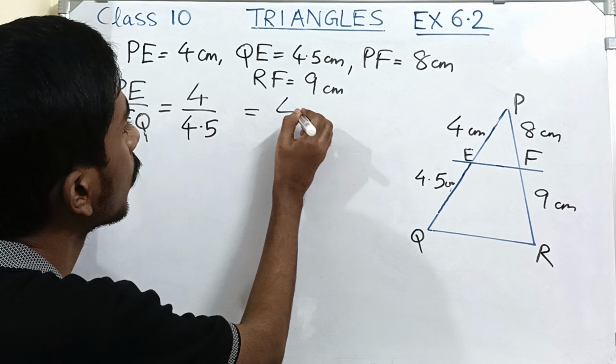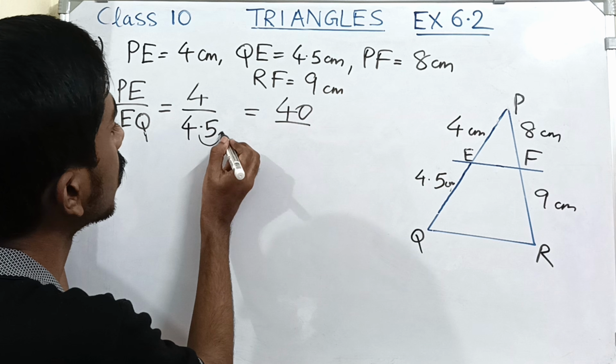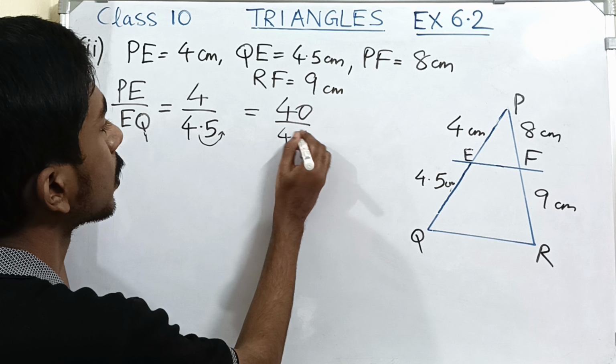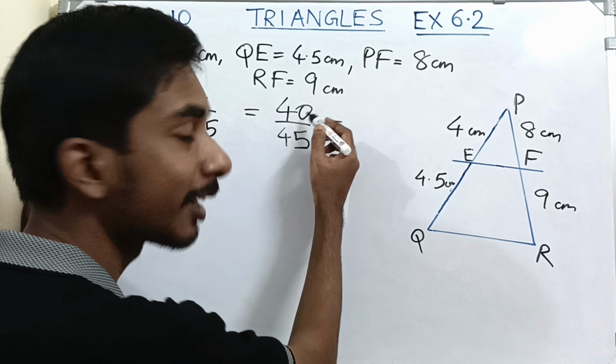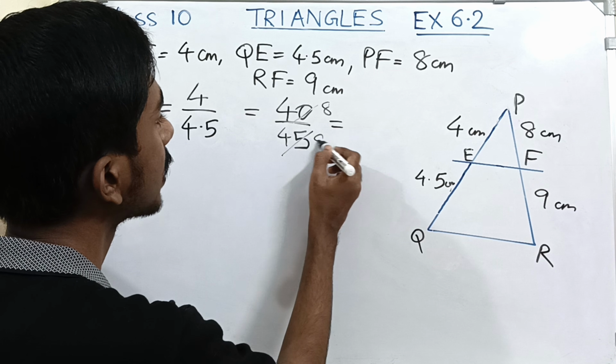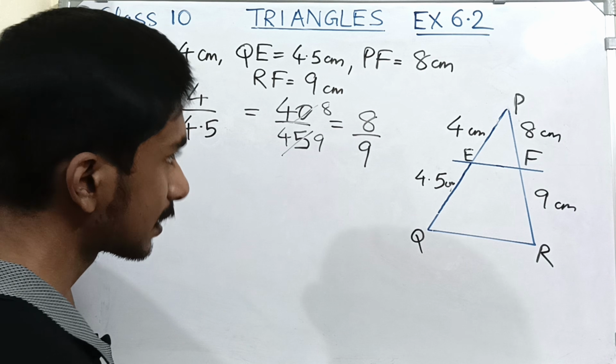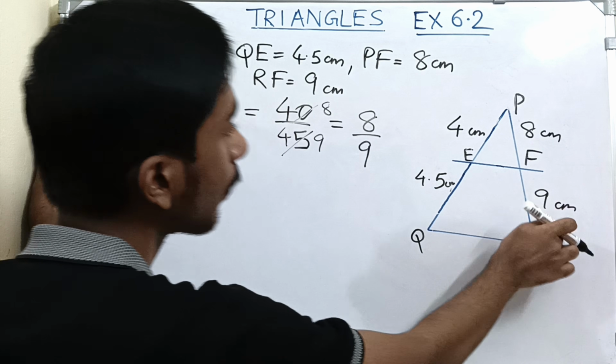It will become 40 by 45. So both these will go in 5 tables. 5 8s are 40 and 5 9s are 45. So this ratio is 8 over 9. Next you have to see PF by FR.